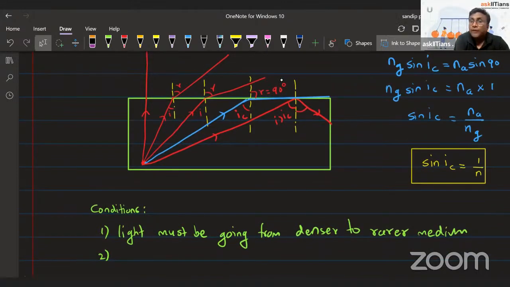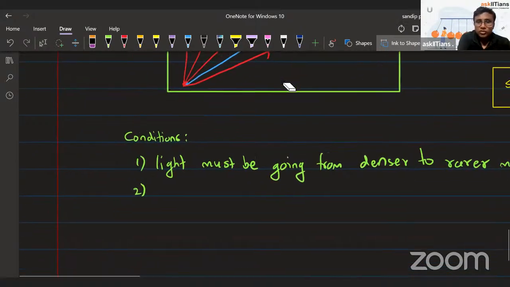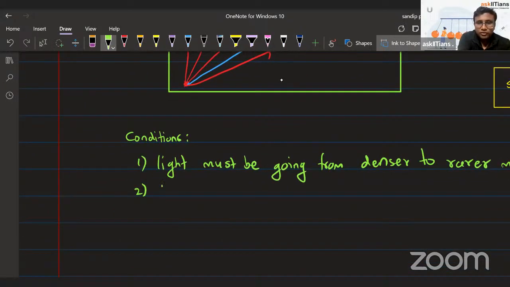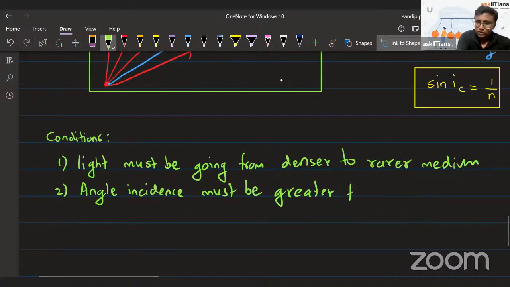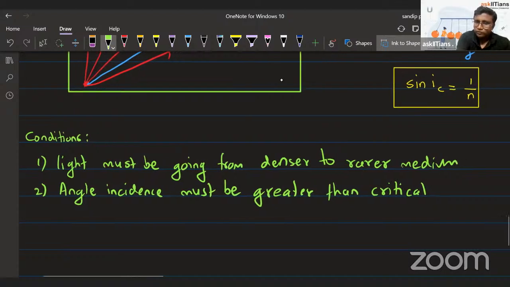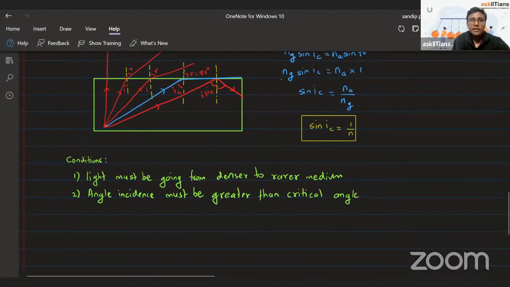That is only possible if the angle of incidence is greater than the critical angle, right?